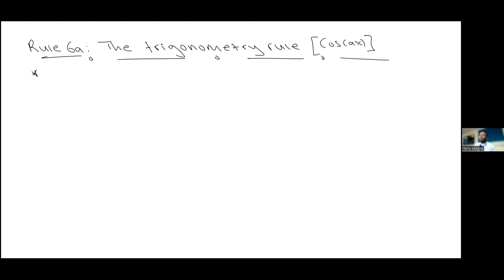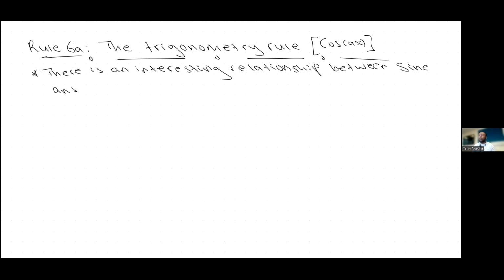All right, so there is an interesting relationship between sine and cosine, and as well between tan and sec squared.